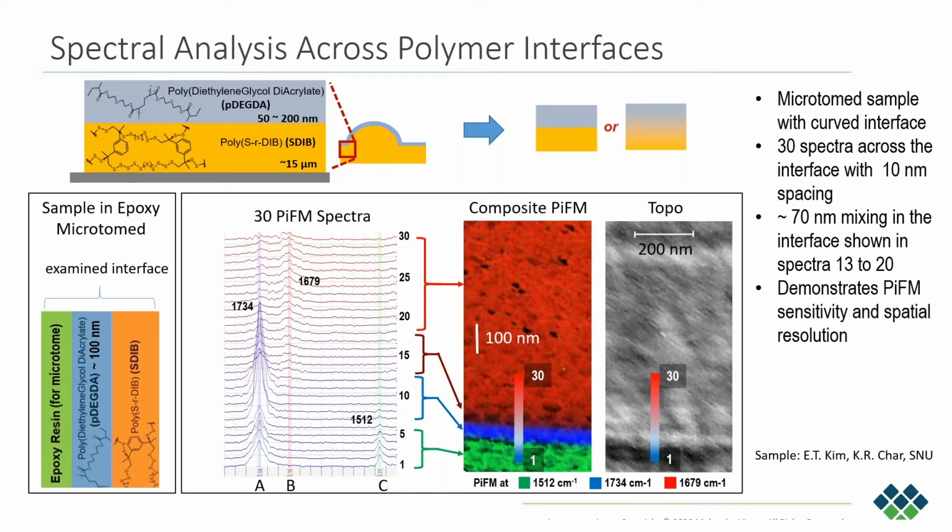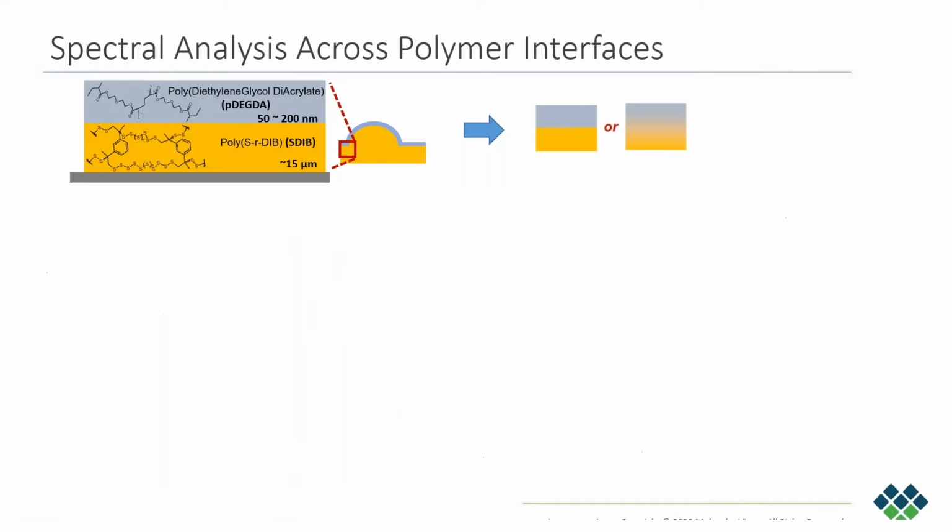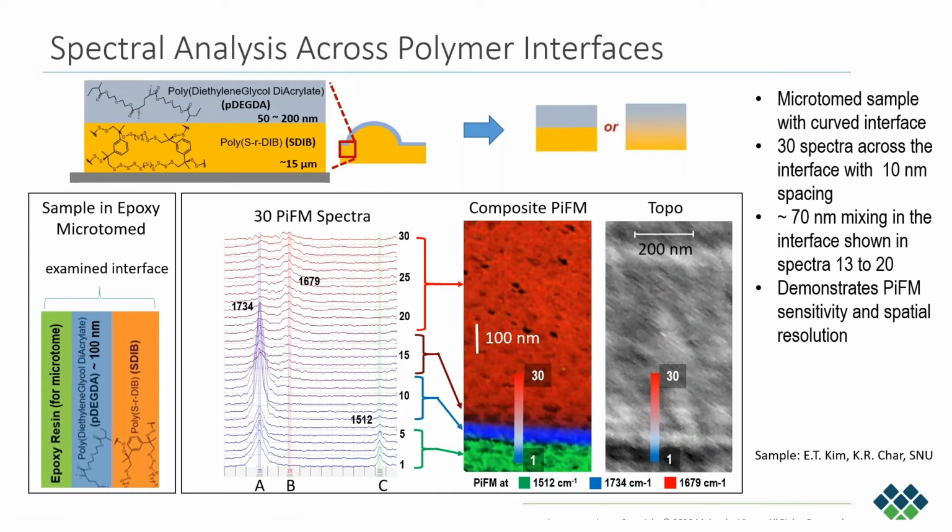In the middle, we see the topography, where it's very hard to tell what components are where and what the interfaces are. But when you take a PIFM image at 3 wave numbers, at 1512 for the epoxy, 1734 for the PDAGDA, and 1679 for the sulfur-containing SDIB, and create a composite image, you have the image in the middle.